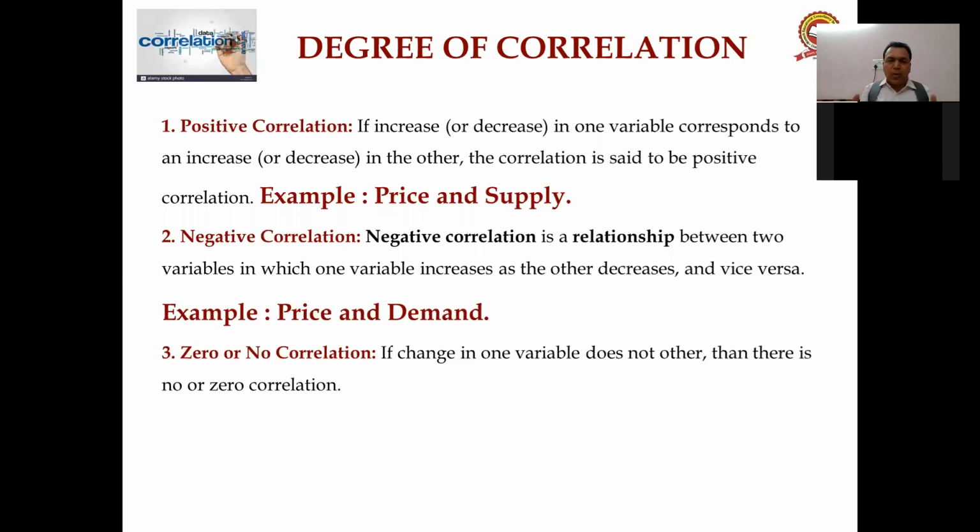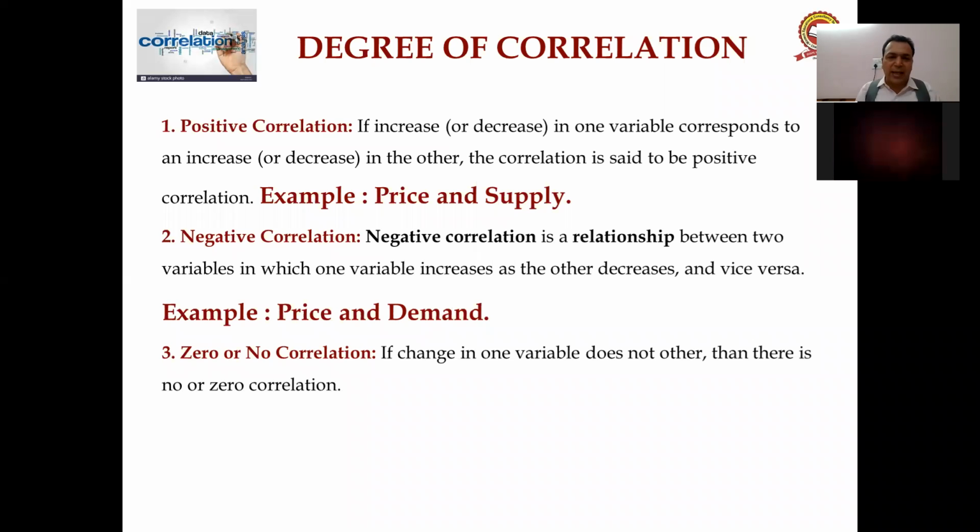Under a positive correlation, the variables either go upward or go downward, meaning either both increase or both decrease. I have given the example of price and supply. When the price is rising and supply is also increasing side by side, this is called positive correlation. Price is decreasing, supply is also decreasing, this is also called positive correlation.